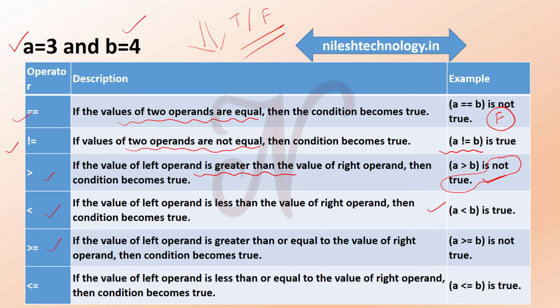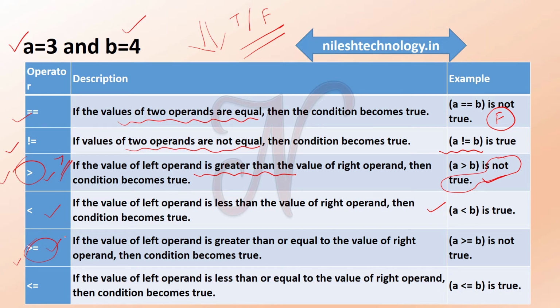Next, greater than or equal. What is the difference between greater than and greater than or equal? Greater than only checks if the first number is greater than the second, and greater than or equal checks for greater than or equal. In the greater than operator, if both numbers are the same, the result is false.